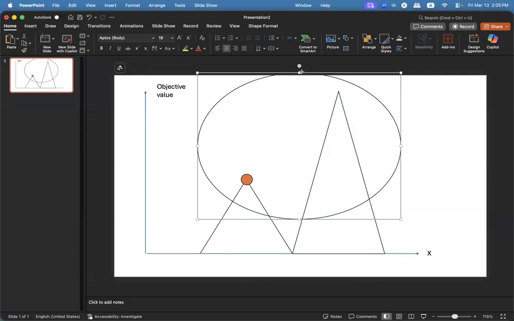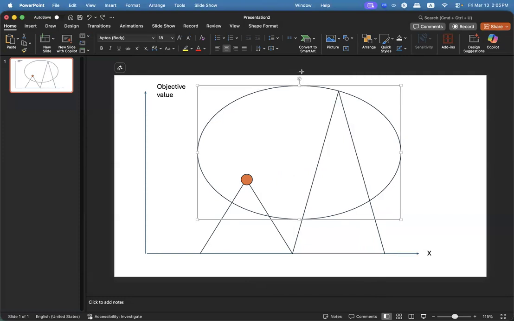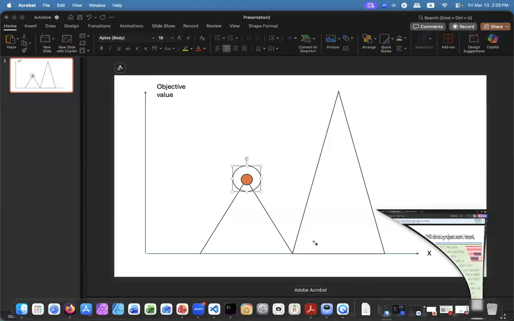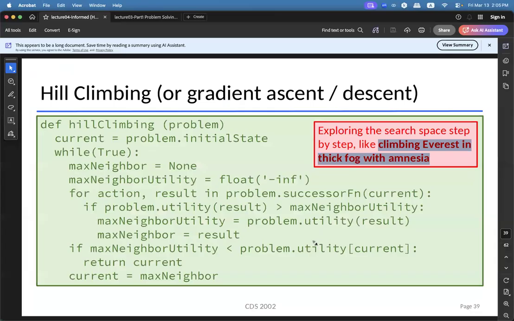That is the reason why the PPT describes this behavior as climbing Everest in fog, with a limited sight, so you really have a limited idea of what is happening in the environment. Any questions?